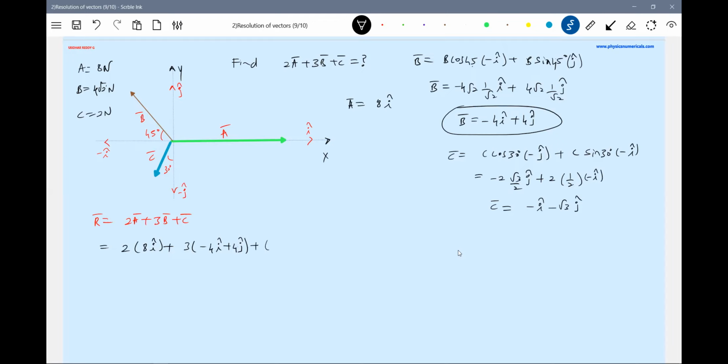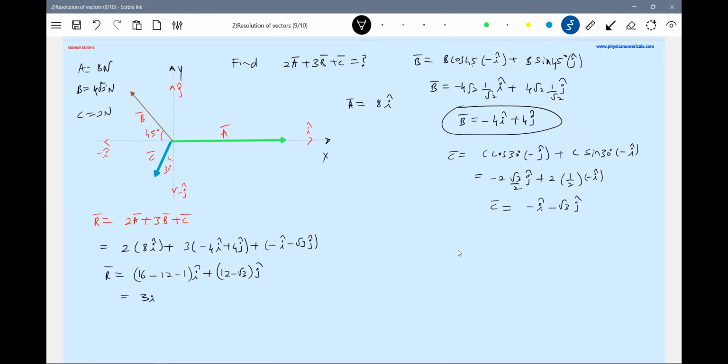C bar is minus I cap minus root 3 J cap. So 16 I cap minus 12 I cap minus I cap, plus 12 J cap minus root 3 J cap. All the unit vectors, I cap, I'll make it common. 16 minus 12 minus 1, this is I cap. This will be 12 minus root 3 J cap.